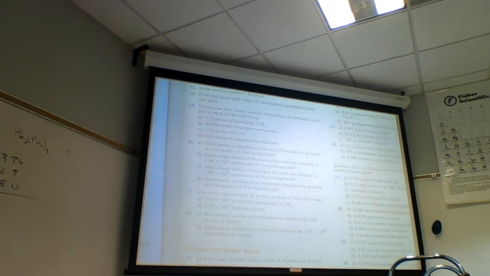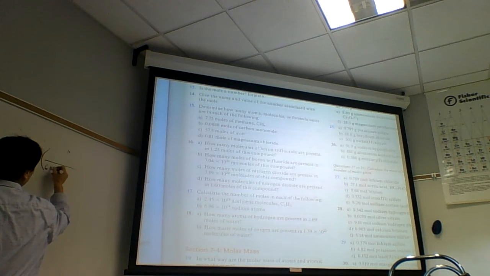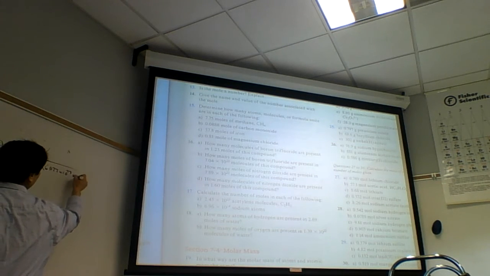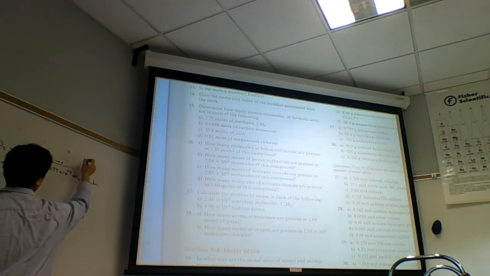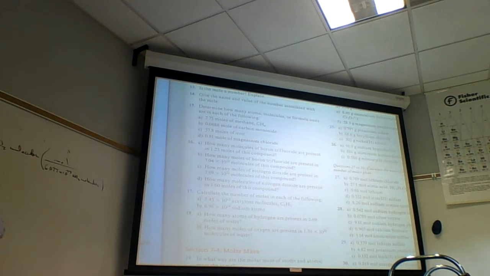How many moles of nitrogen dioxide are present in 7.89 times 10 to the 22nd molecules of this? It's going to be close to the number we just calculated. So 7.89 times 10 to the 22nd NO2 molecules, with 6.022 times 10 to the 23rd NO2 molecules per mole of NO2.